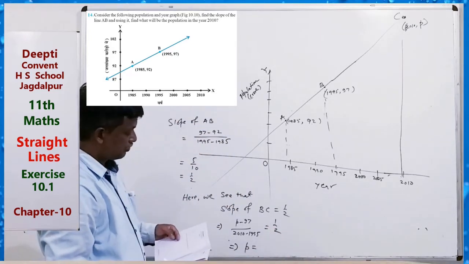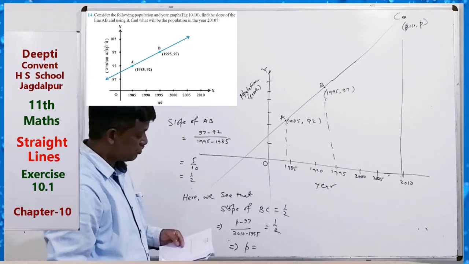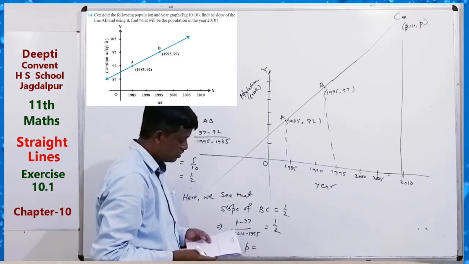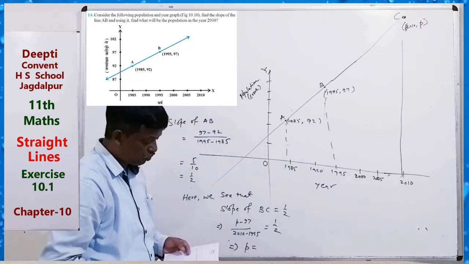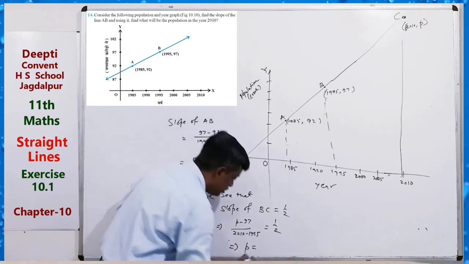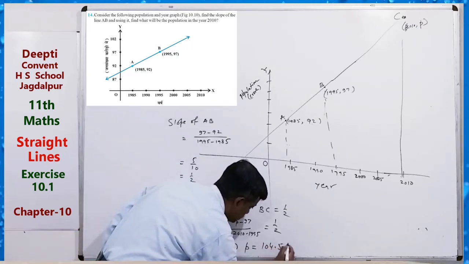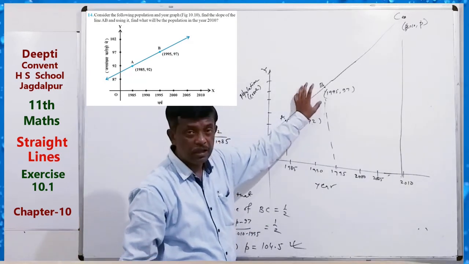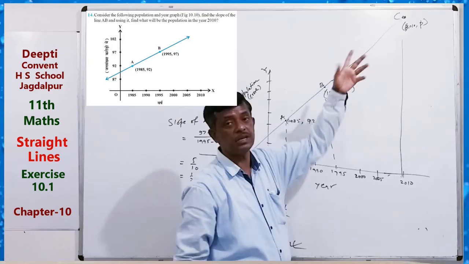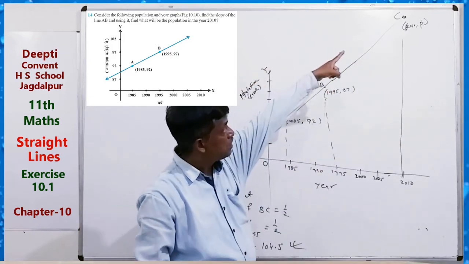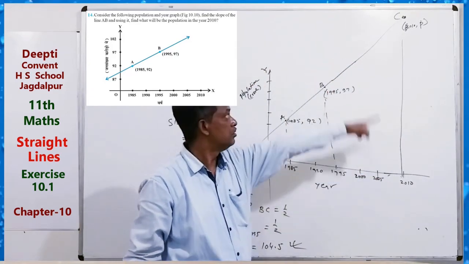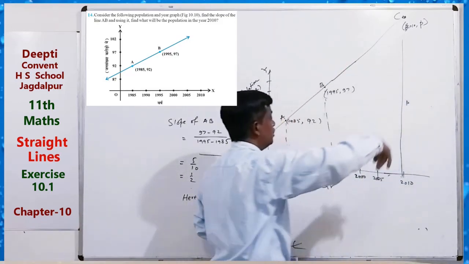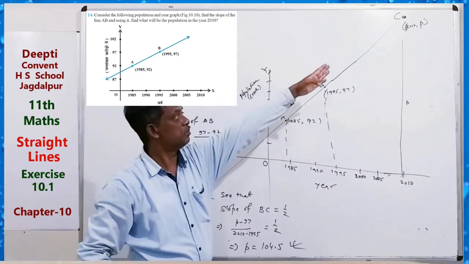Clear? So P minus 97 upon 2010 minus 1995 equals half. So what is the value? 104.5. Just solve it. The main thing is that the slope of AB equals the slope of BC, because the point at 2010 has population P. So this side gives population.